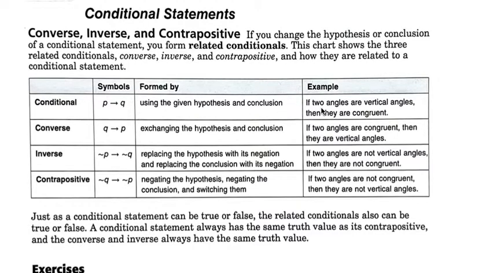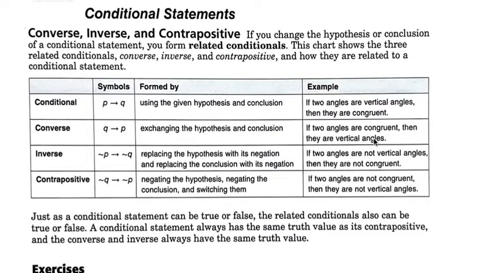Now look over here. If two angles are vertical angles, then they're congruent. That's your conditional statement. Now the converse is, if two angles are congruent, notice we switch the if-then part, then they are vertical angles. The inverse, if two angles are not vertical angles, then they are not congruent.